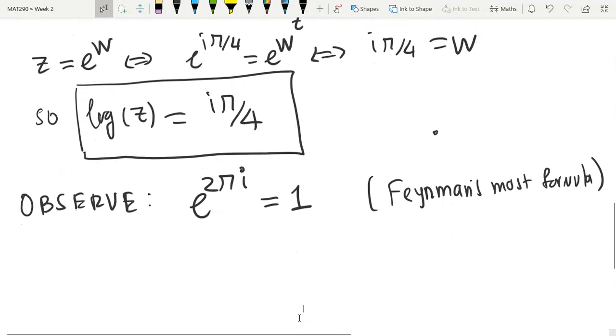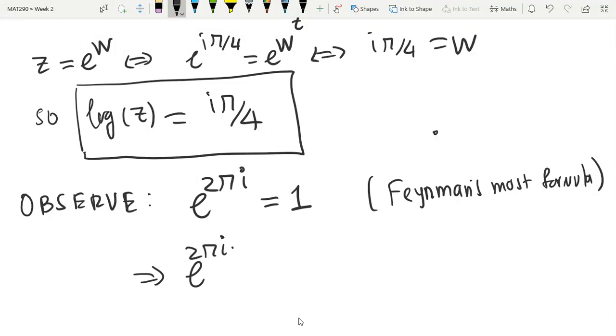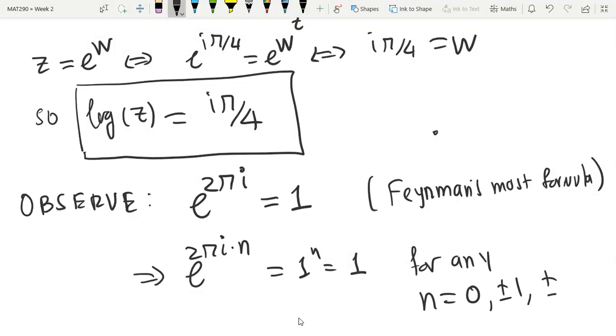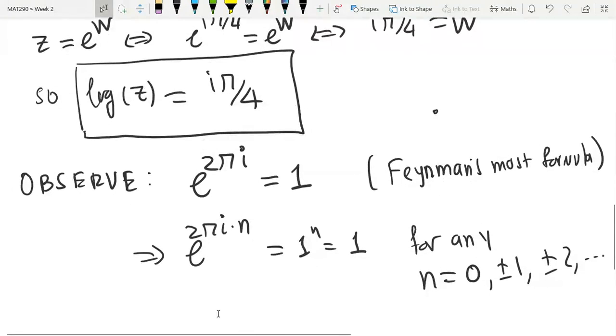Okay, but the same is true if you do it to any power, for any n equal to 0, plus or minus 1, plus or minus 2, and so on. So what's the point of that?